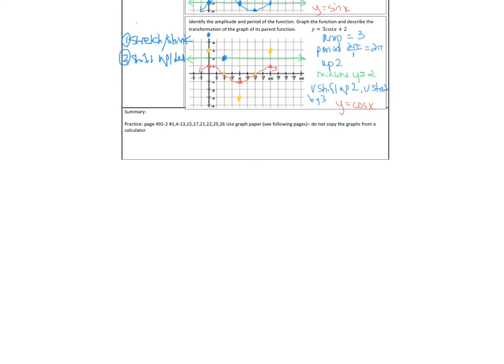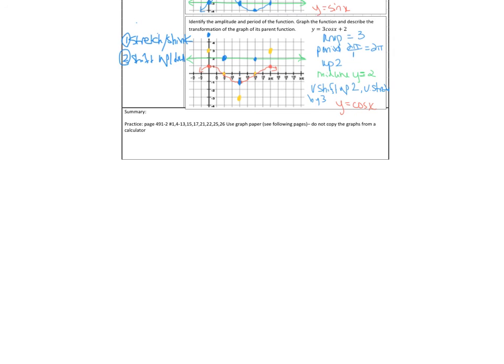Because now my midline is not the x-axis. My minimum point here at pi, -3 is going to shift up 1, 2, 3. Oh, up 2, sorry.